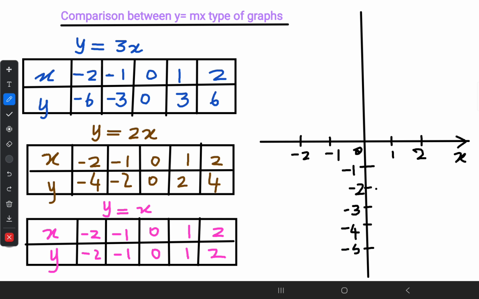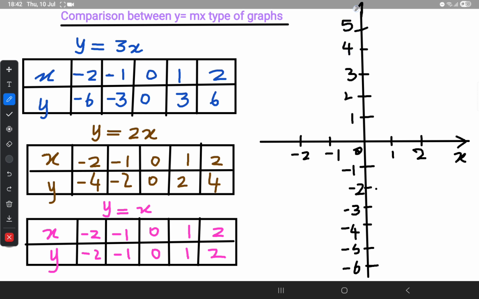Keep the same gap between these values, that's a must. Negative 6. In the positive region, we need up to 6: 1, 2, 3, 4, 5, and the maximum would be 6.